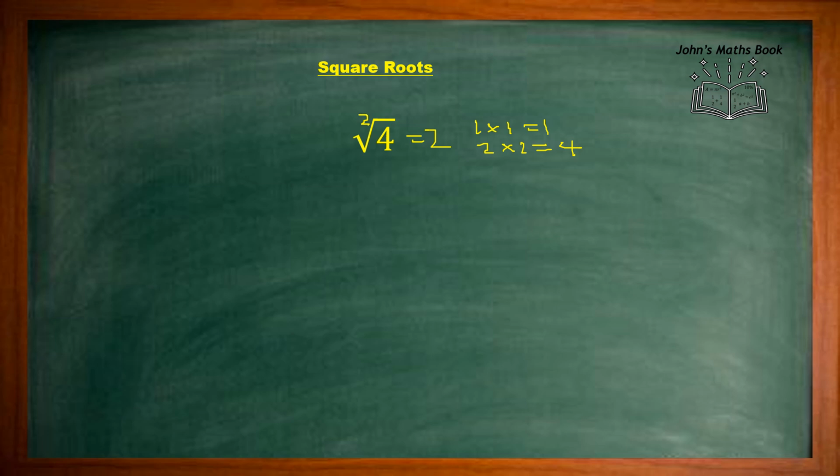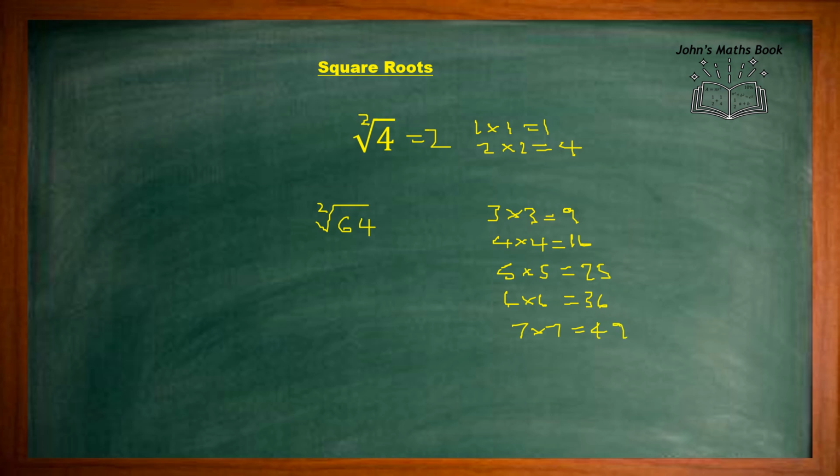Now let's look at another example, the square root of 64. So again, we ask what two numbers when multiplied together give us 64. Now we've looked at 1 times 1 and 2 times 2. So let's look at 3 times 3 is 9. 4 times 4, 16. 5 times 5 is 25. 6 times 6, 36. 7 sevens are 49.